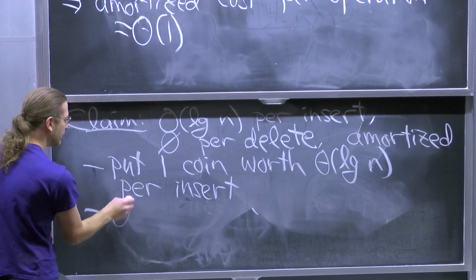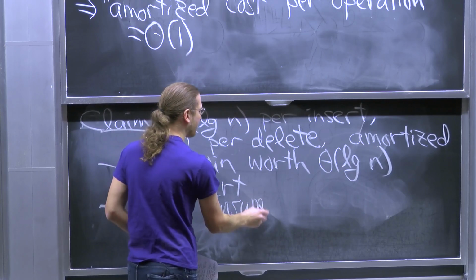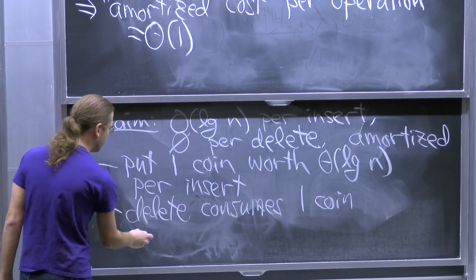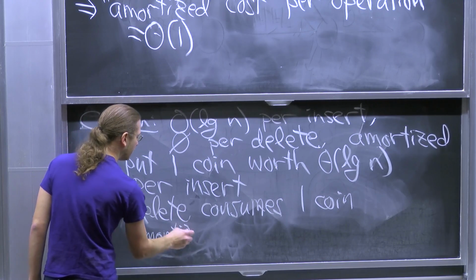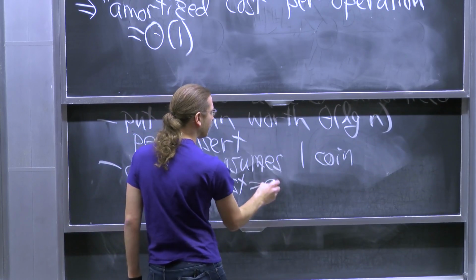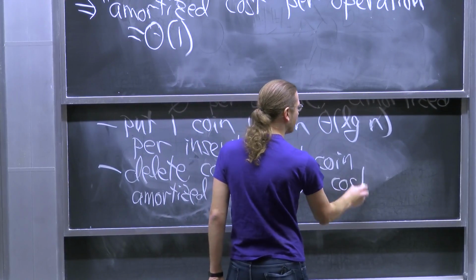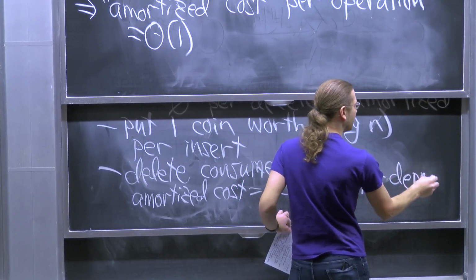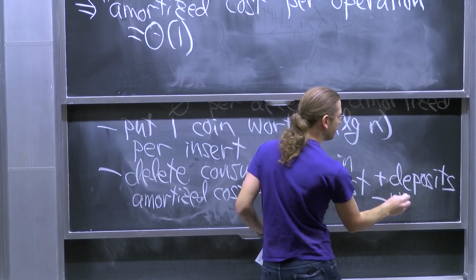And when I delete, I consume the coin. And in general, the formula here is that the amortized cost of an operation is the actual cost plus the deposits minus the withdrawals.